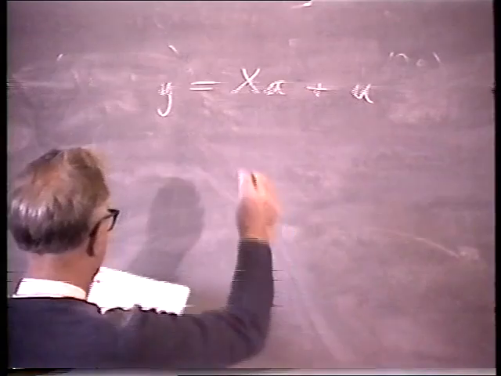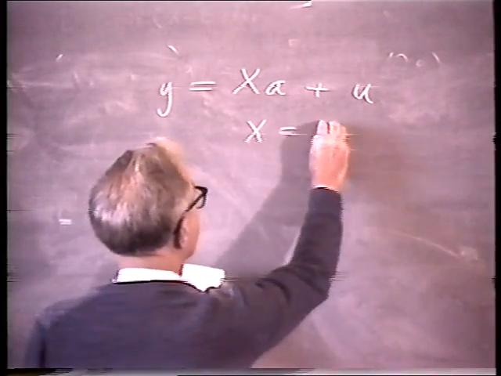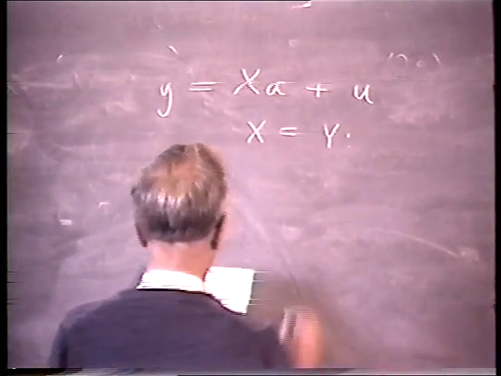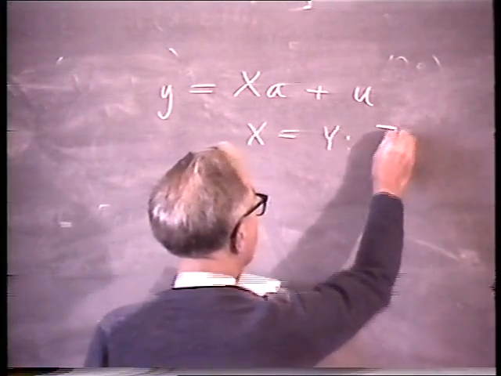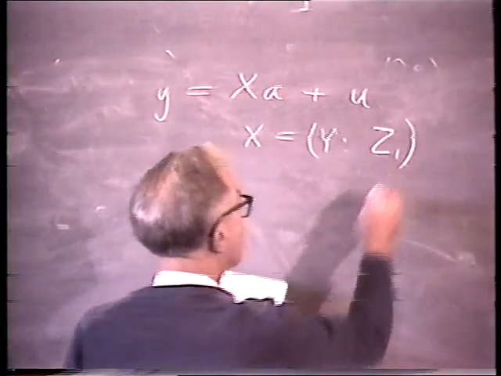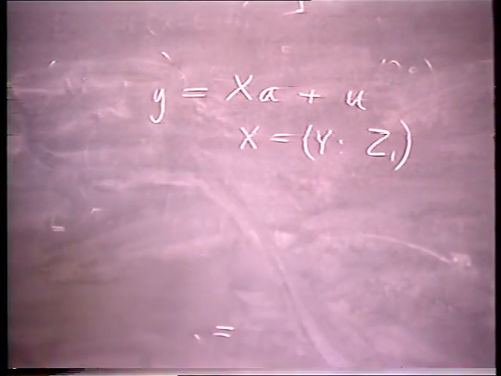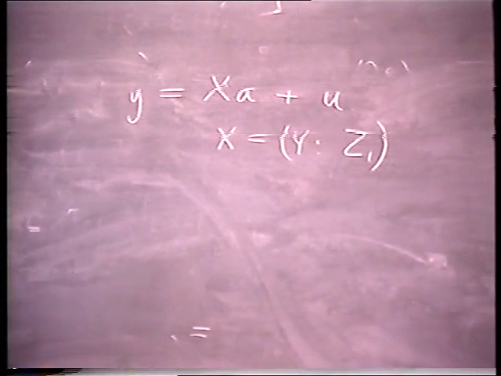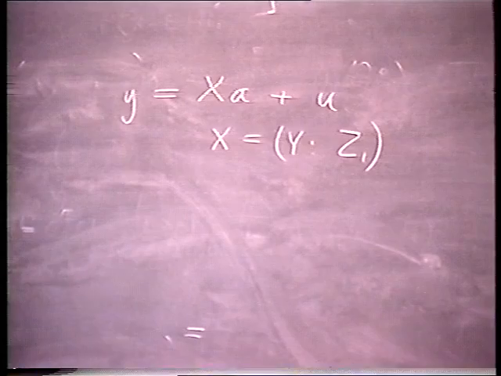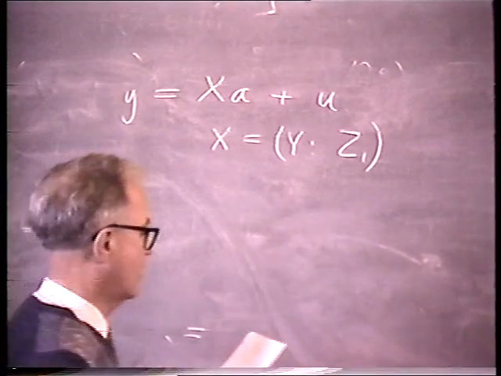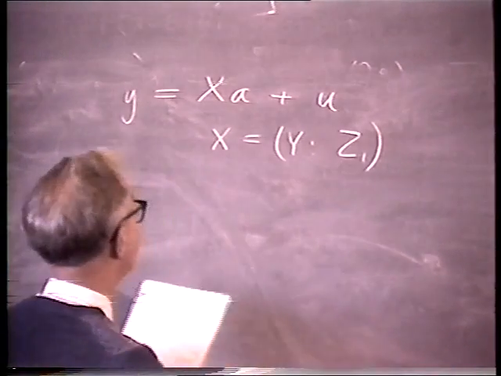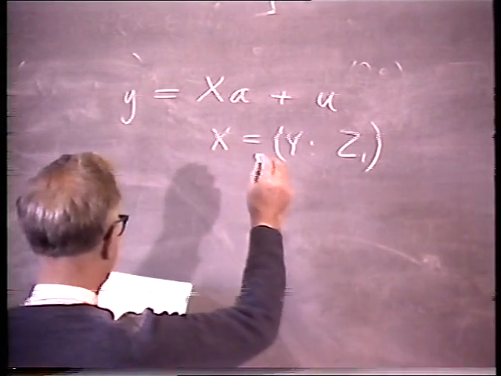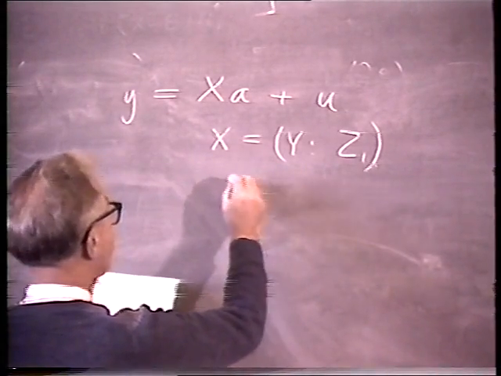X is made up of both y, which are the endogenous variables, and z1, which are the exogenous variables. And it's a classical case in the sense that I'm not assuming any of the z1s are like the endogenous variables. The z1s are just non-stochastic instrumental variables, if you like, predetermined variables.